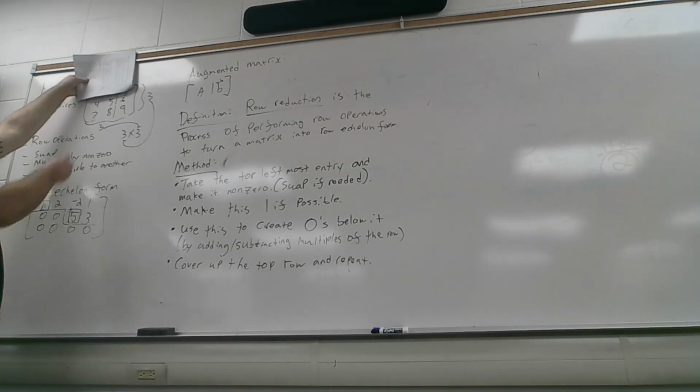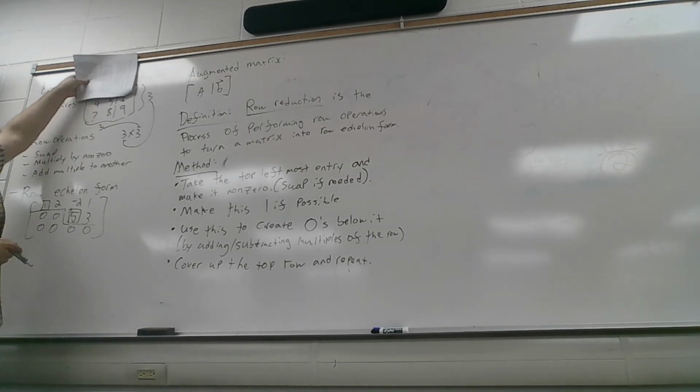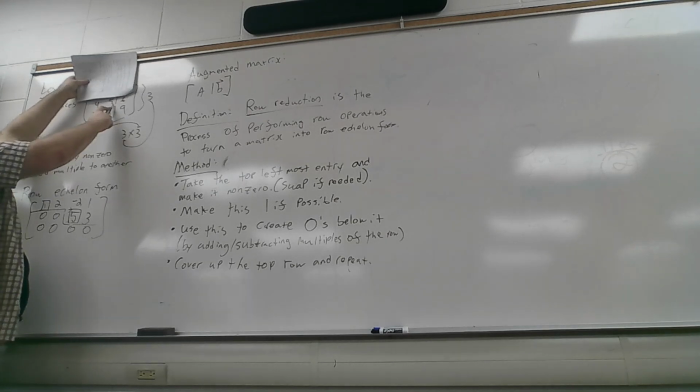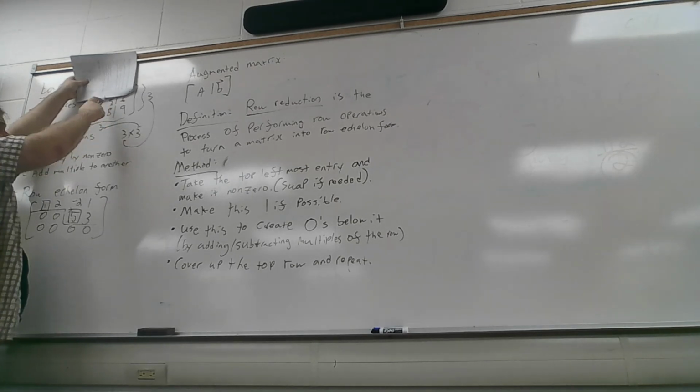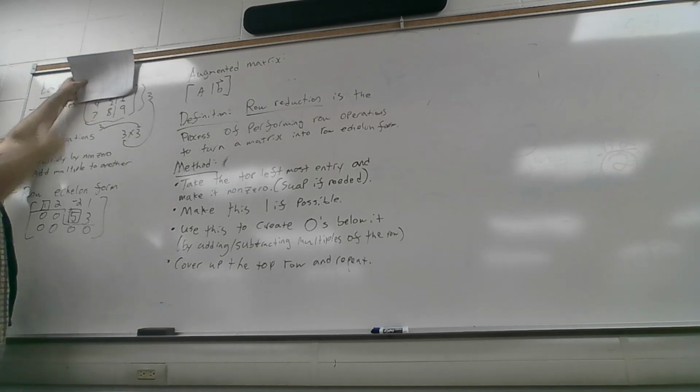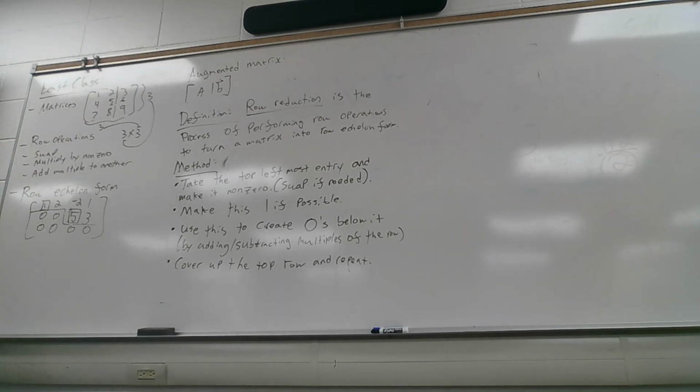Cover it up. These will be zeros, so rinse and repeat, right? This is the top leftmost thing that's non-zero. Make it a 1 if you can, and rinse and repeat, right? So this is another one of those algorithms that, when I put it in words, it's kind of hard to really see what's going on, but when we actually go through the process, it's much easier to understand.